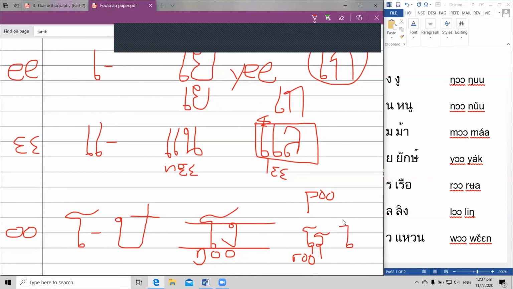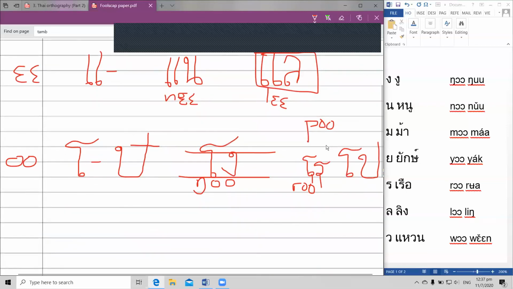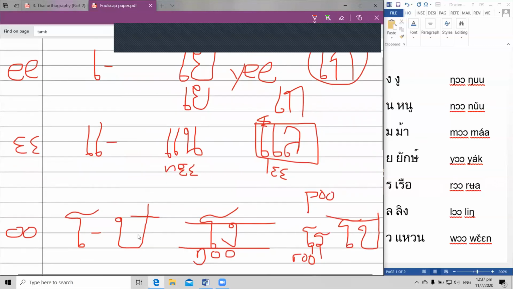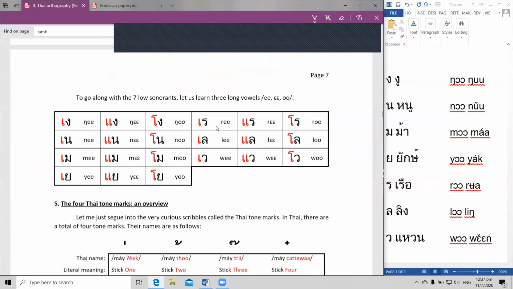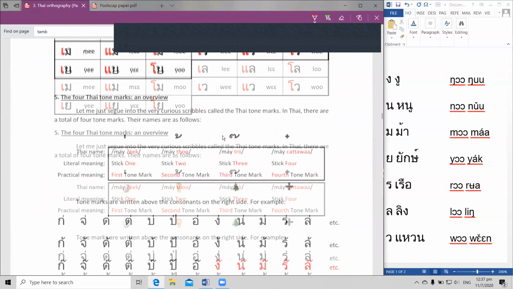So po will be written like this. Okay. Ideally, these two should be at the same height, something like this. All right. Okay, so this is how you write sara A, E, and O. Before we do some reading practice, let us learn about the Thai tones.